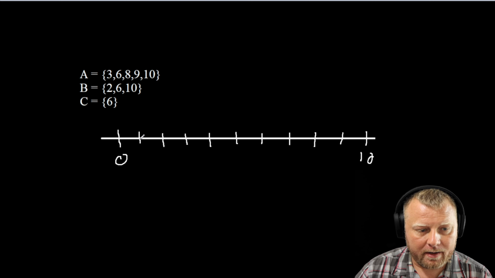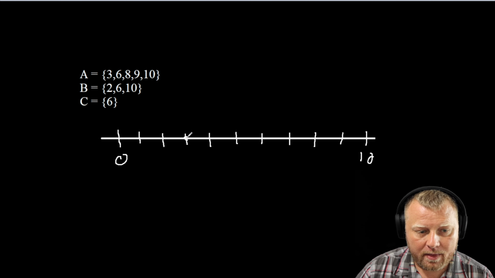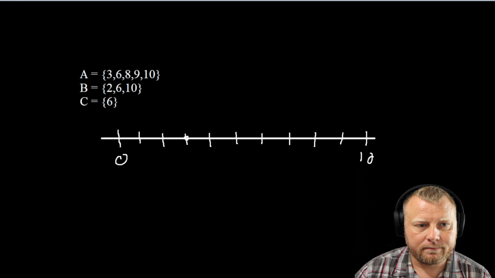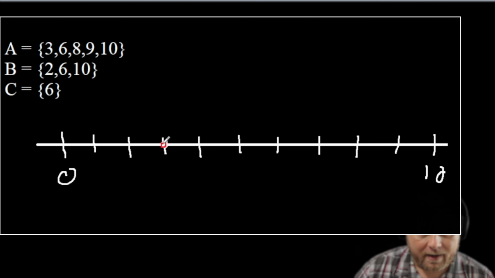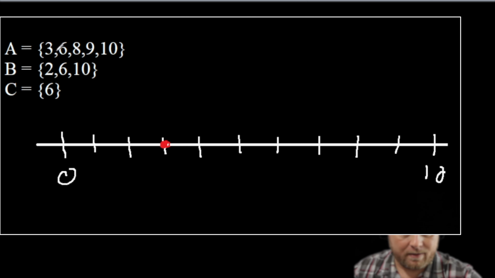So we put the dot right here. You can see I'm making the mark. So that's the 3, and then a 6, 8, 9, and 10. So 4, 5, 6, 8, 9, and 10. So we have represented the set A on this number line.